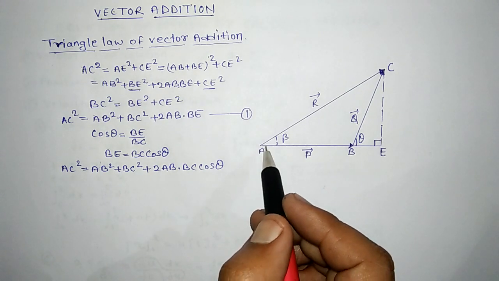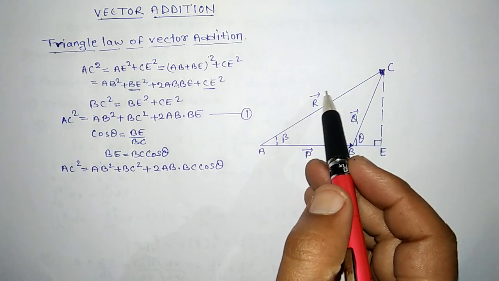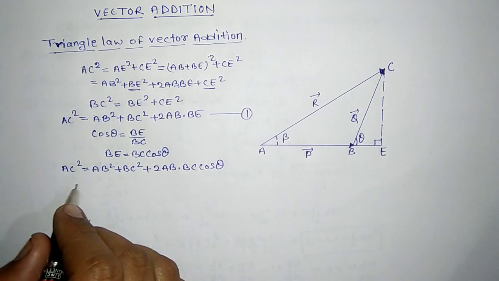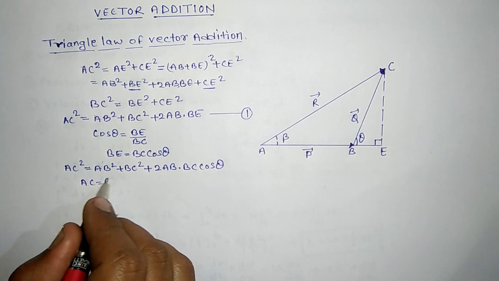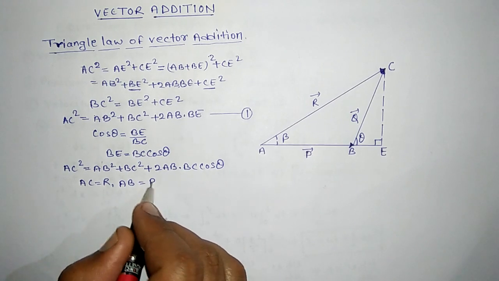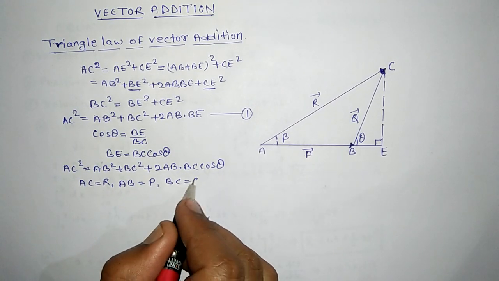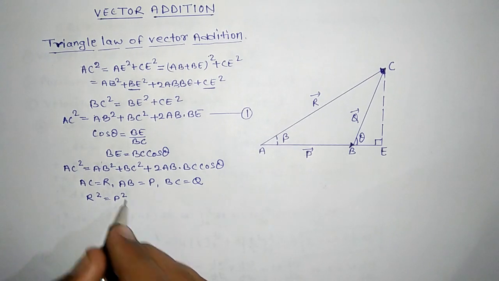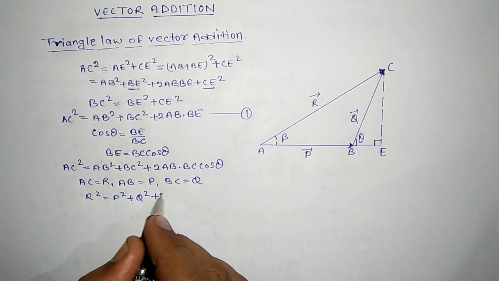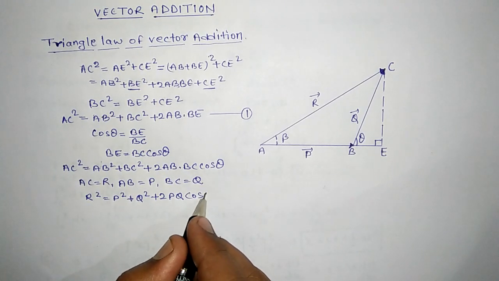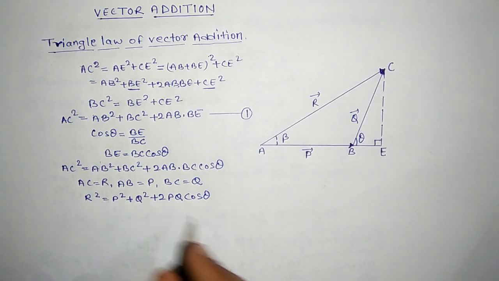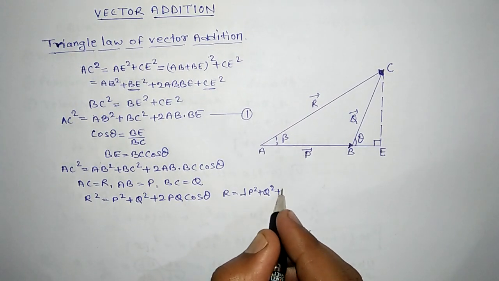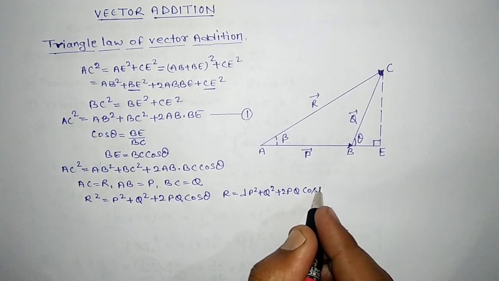As we know that AC is equal to R, AB is equal to P, and BC is equal to Q, we can write the above equation as R square is equal to P square plus Q square plus 2PQ cos theta, or R is equal to under root P square plus Q square plus 2PQ cos theta.